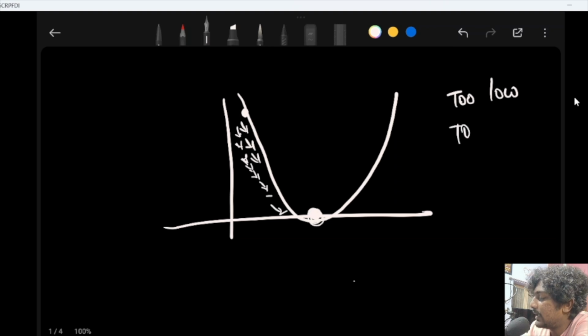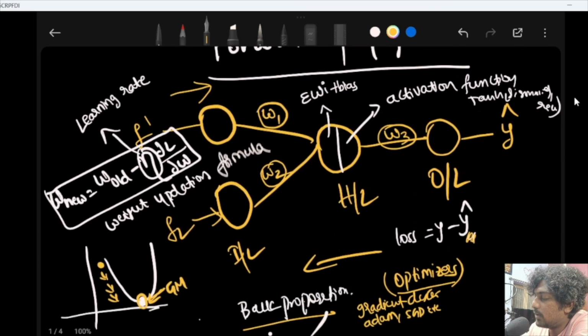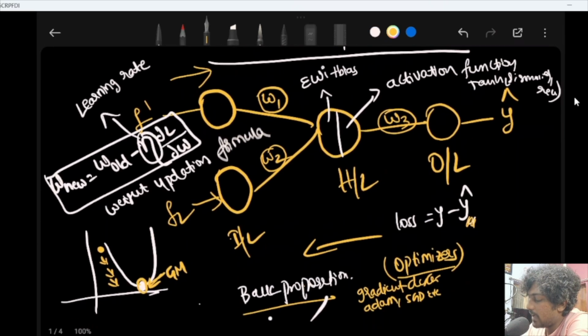If the learning rate is too high, then it will cross the global minima. So the learning rate plays a major role, and this is all about forward propagation and backward propagation.